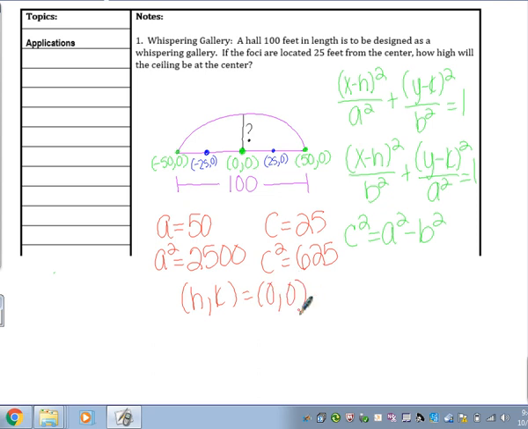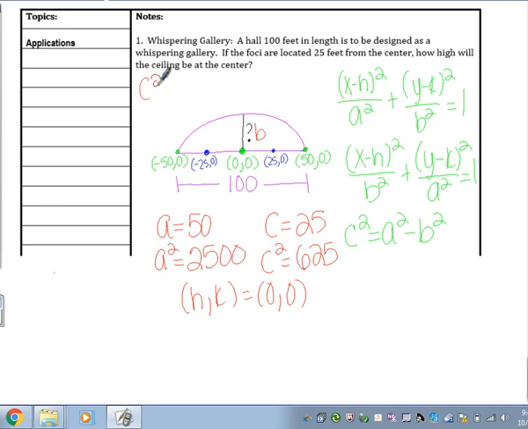And I need to figure out what it's asking me for. Is it asking me for an equation? Am I going to need to use one of the equations? Or is it just asking me for a part where I can use c squared equals a squared minus b squared? So what part is it asking me to find? It's asking me to find the height here, which would be B. So I can just use c squared equals a squared minus b squared, correct?